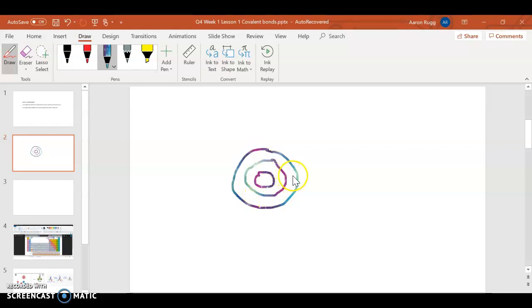My third energy level has 3 orbitals, right? The first is just S, holds 2 electrons. Second has S, but it adds P. S holds 2, P holds 6, that gives me 8. Then we get out here to the third energy level, S, P, and now we add D. Okay? Then the fourth energy level, right, adds F.